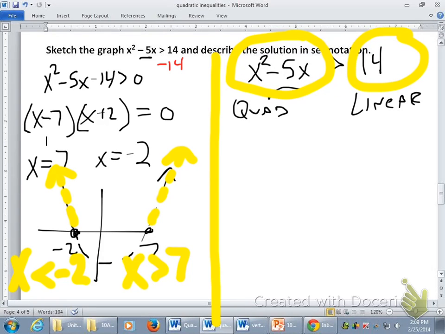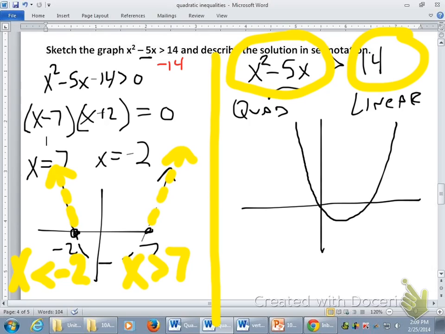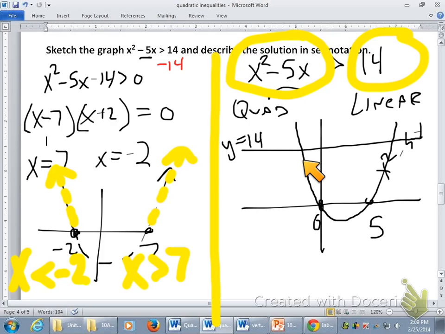All right. So on our calculator, we can see that here's my quadratic and here's my line. This was the line, y equals 14. This was the quadratic. Oh, I barely have room for it. X squared minus 5x. I know that was a 0, I know that's a 5, but those don't really matter. What matters to me is this point and this point, right?